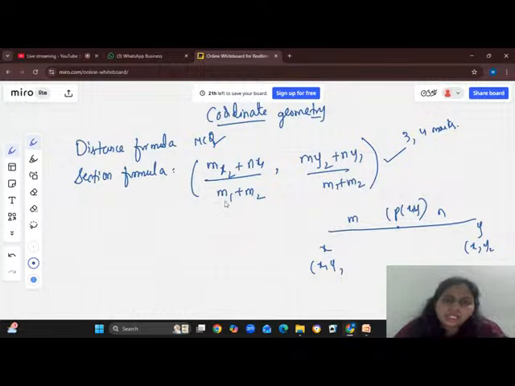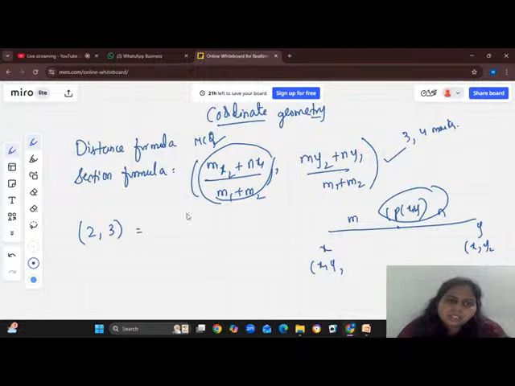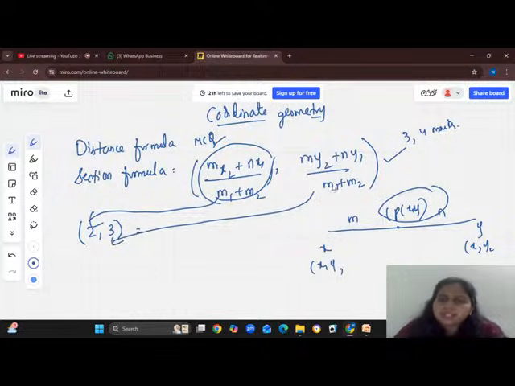So sometimes how they give you? They give you the point and they will ask you to find out the x value. So now what you have to do, for example, this is equal to 2 comma 3. Now what I will do, I will equate the x value to 2. I'll equate the y value to y. And then I will get the values of m and n.